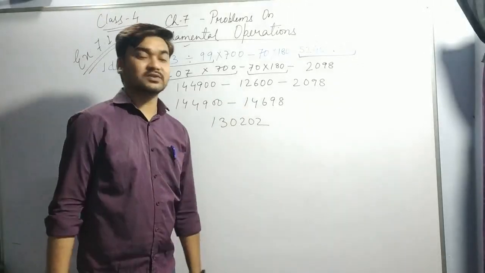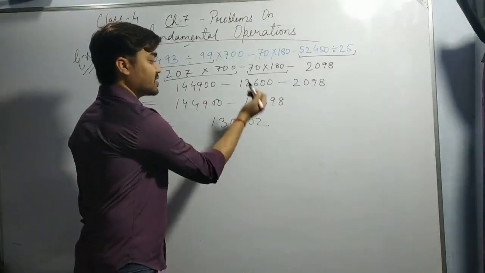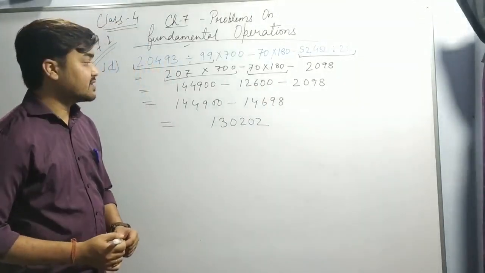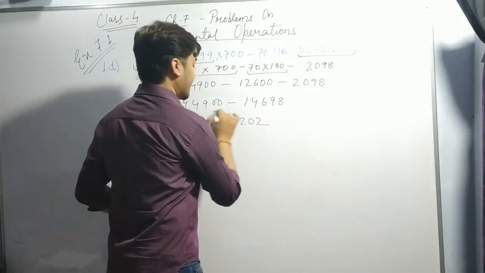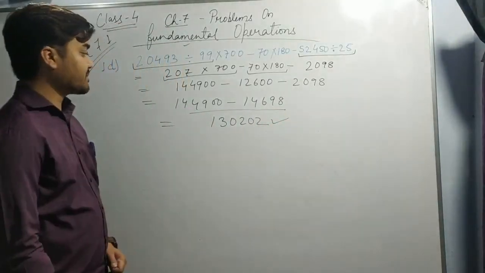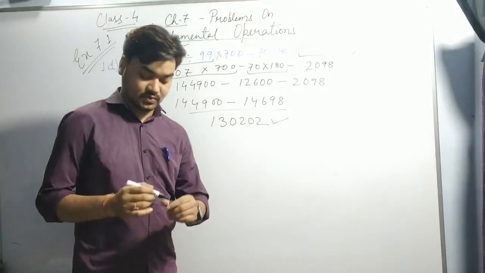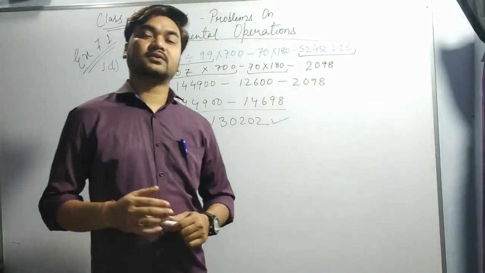When we add 12,600 and 2098, we will get 14,698. The last step which we will do is subtract these numbers. We will get the answer, that is 130202.